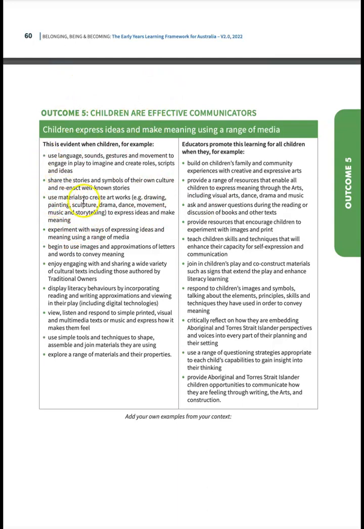So we can see that they express ideas and make meaning using the crayon and paper. Yeah, we also see that begin to use images and approximations of letters. In our case, it's not an approximation, but it's the first stage, because circle is the first stage of pre-writing.